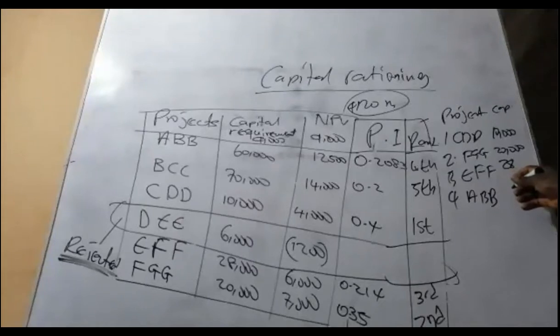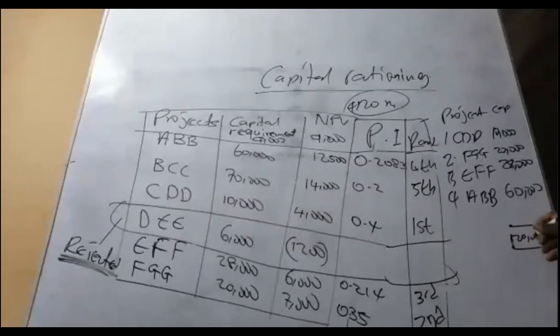ABB is 60. If we take the 60, we still have 18 more to go. So 58 plus 60 is 118. So therefore, the entire capital is 120,000.